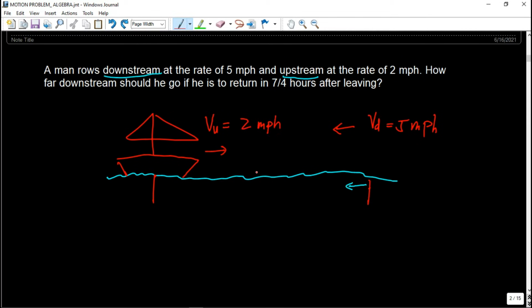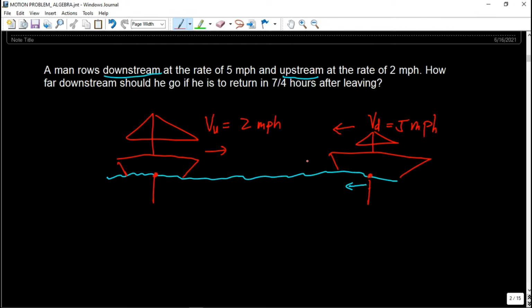The question says, how far downstream should he go if he is to return in 7/4 hours after leaving? The boat goes from the initial position to the final position, then returns to its initial position.